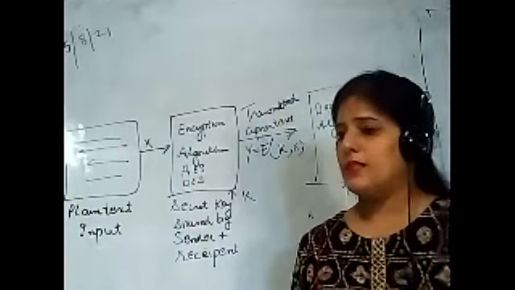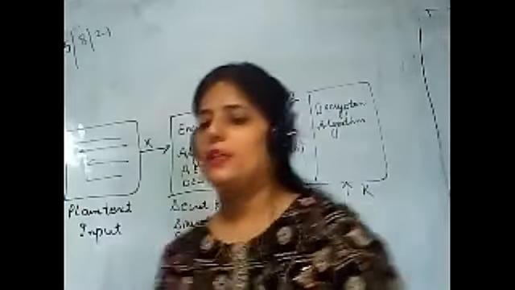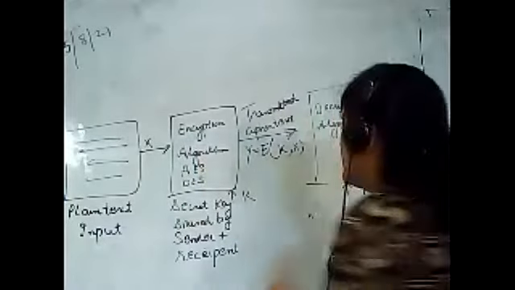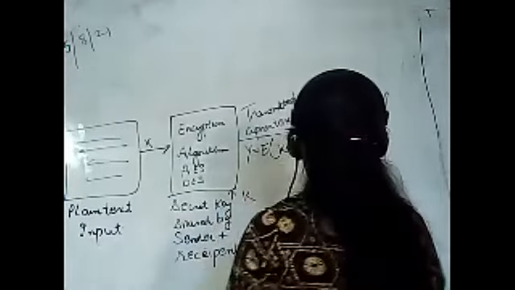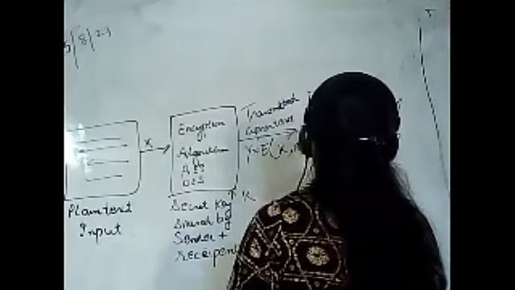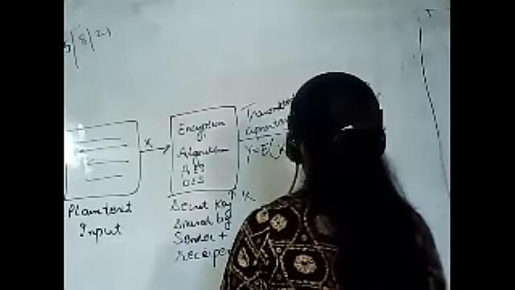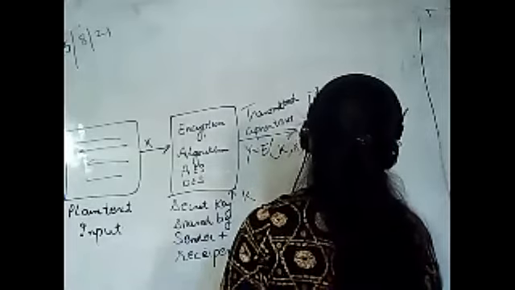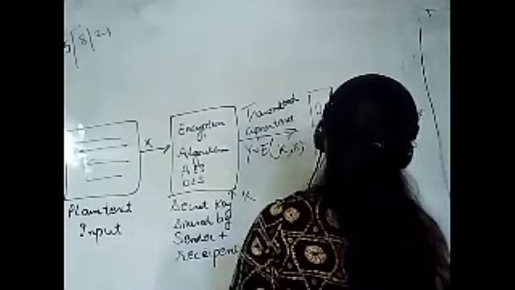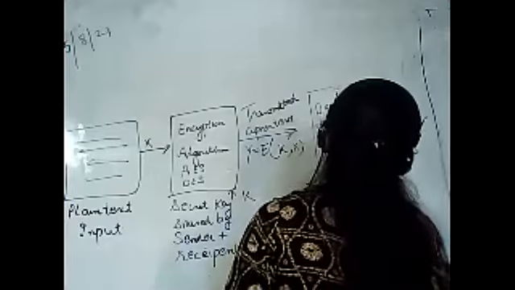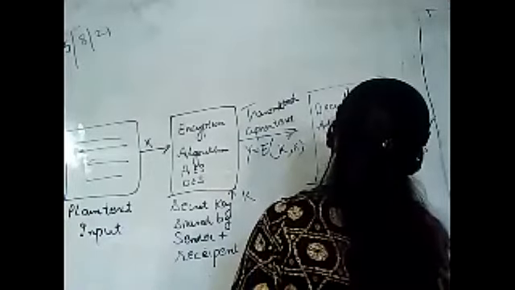Just remember, the same key is being used by the sender and the receiver. So we can write it like this: secret key, again shared by sender and the recipient.